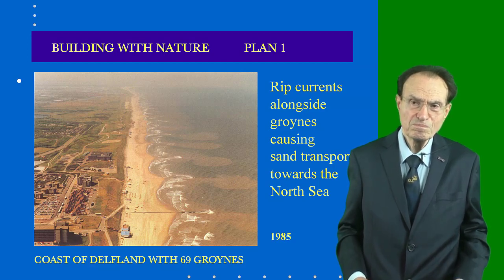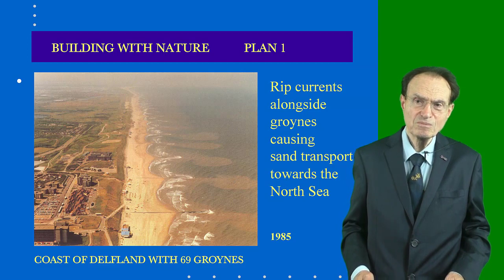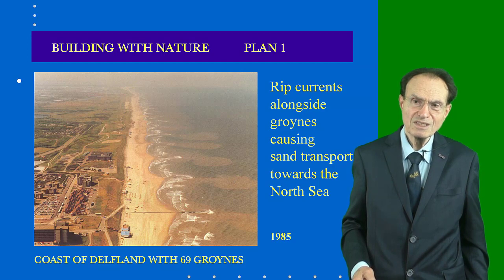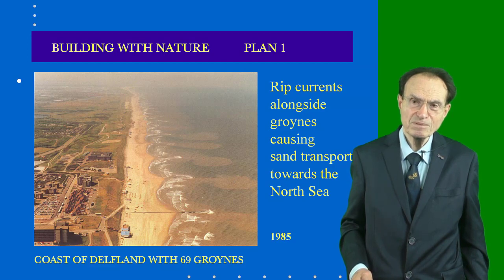But not only people can be carried away, but also sand, as you can see, because every groin results in a net flow of sand towards the sea. So therefore we decided to widen the coast, covering all these groins step by step with dunes and beaches.